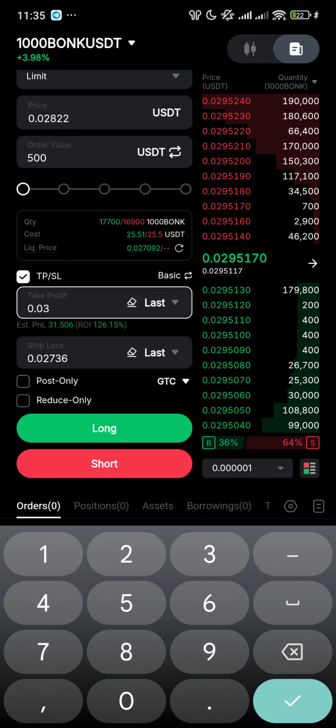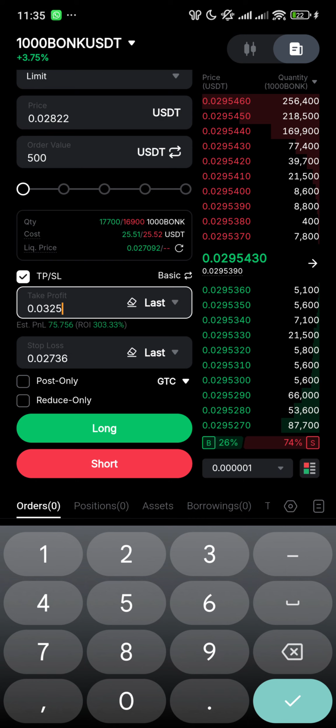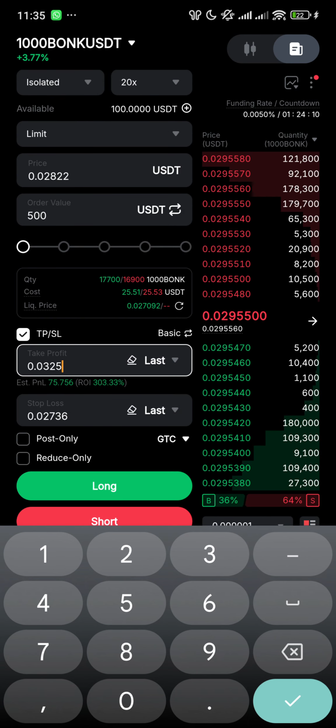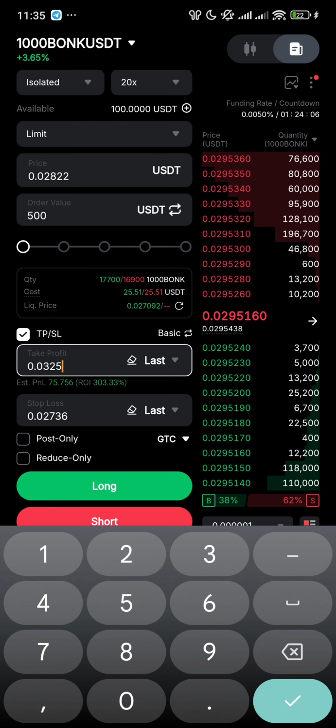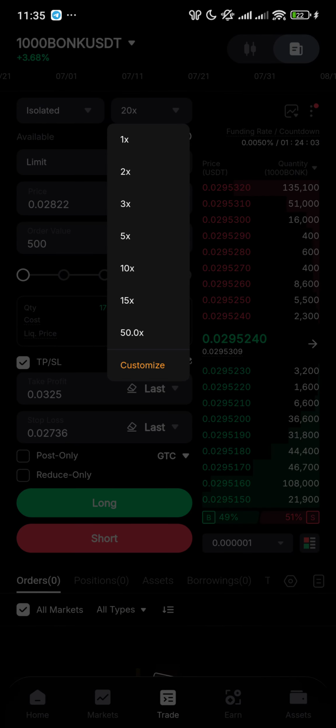If I increase this, this is 49, and that's 3x. If I increase this to 25, that's 5x, as the case may be. So I've still not committed the whole $25, I'm still using $15. I'm just showing how the leverage works, just trying to demonstrate to you.